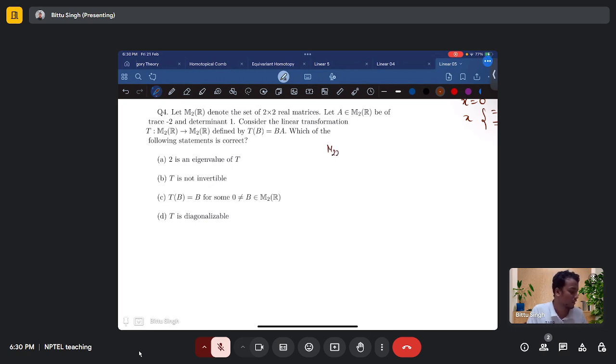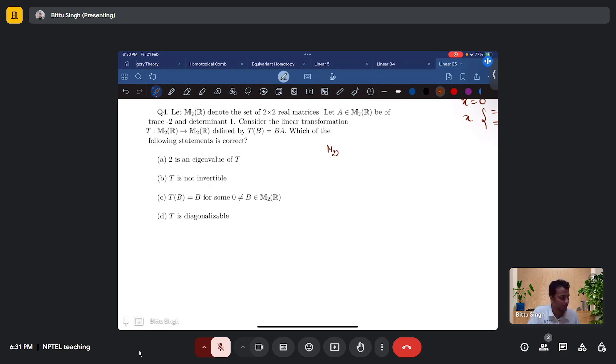Any matrix will look like this: A, B, C, D, right? So the standard basis of M2R is E11, E12, E21, E22.